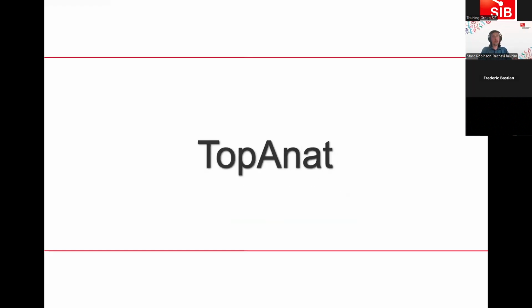Now we have another tool which is a bit more original, a bit different from what you've been seeing so far. When I spoke about ontologies at the beginning of the course, I said, for example, there's the gene ontology, and it can be used, for example, for gene ontology enrichment. So I think most of you have done this.